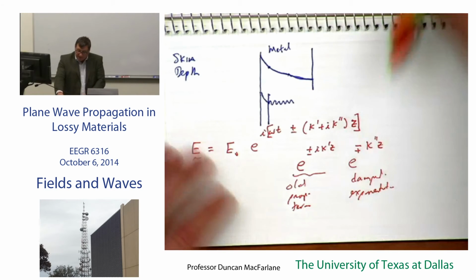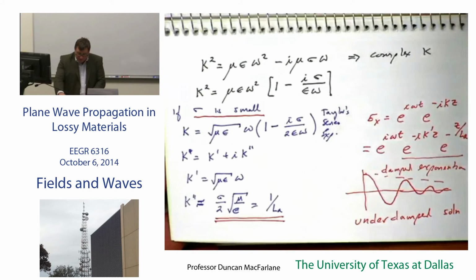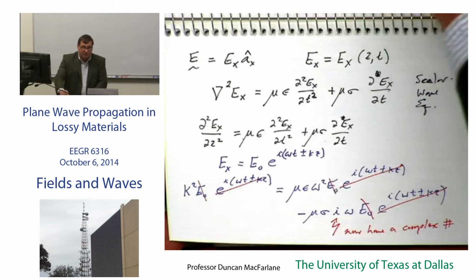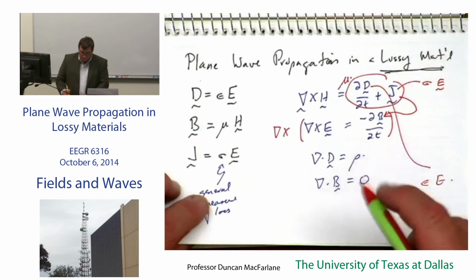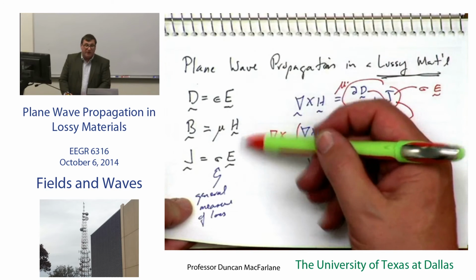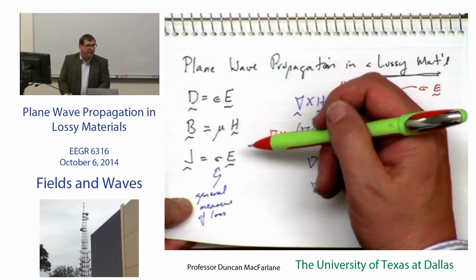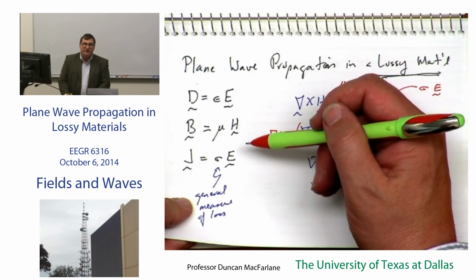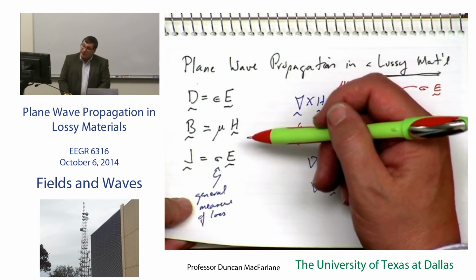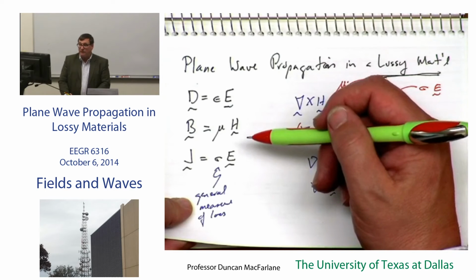The analogy that I started the class with, when I was talking about the material relationships: capacitor, inductor, and resistor. Before, we had just the capacitive term and the inductive term, and I had a nice oscillation that's similar to a solution to an LC circuit.